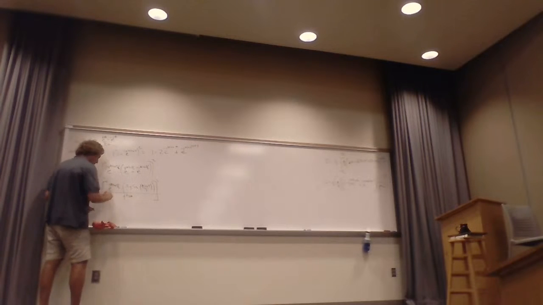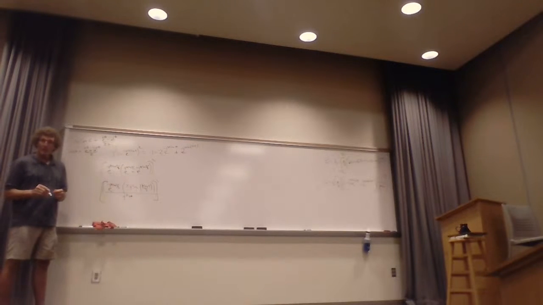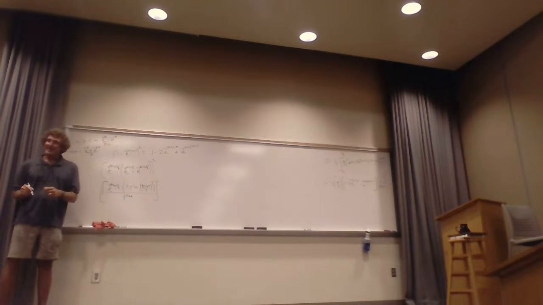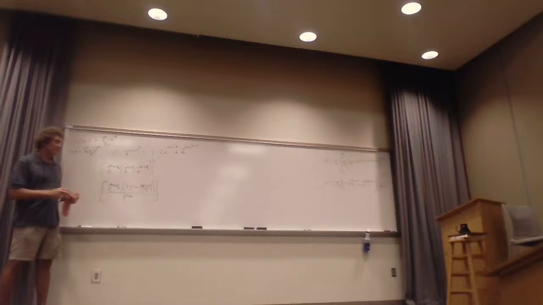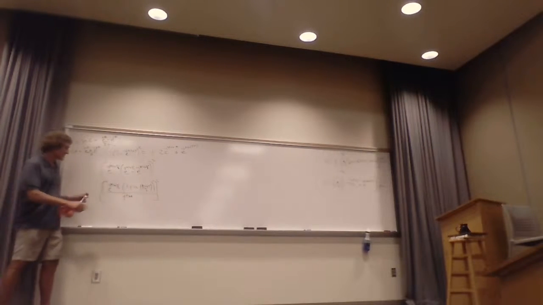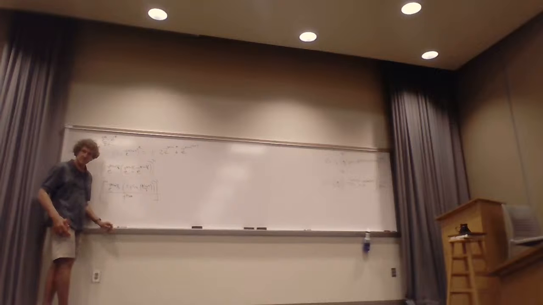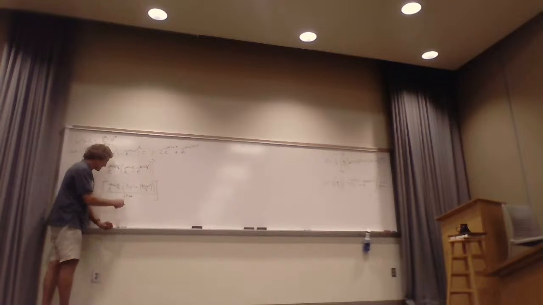Y'all with me? Yeah. And now, anybody want to take a guess at what I'm going to do? I mean, you could do one thing to simplify. Can't I get rid of those j's? This j and that j, they go away, right? Let's get rid of them.